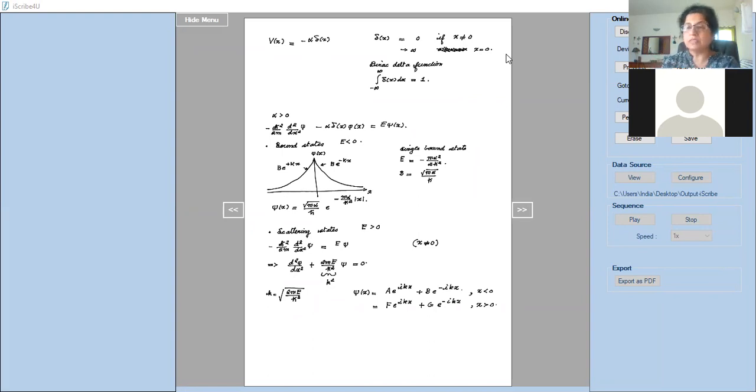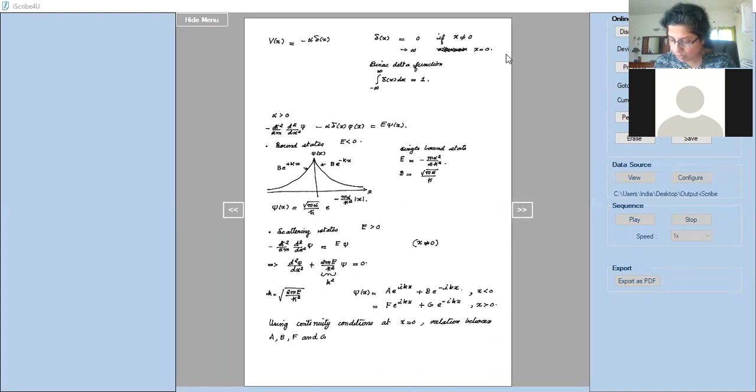What we have to do is, by using continuity conditions at x equal to 0, the only point of contention over here, we find relations between A, B, F and G. This is the basic idea, and if you remember, this is what we were trying to do last time.